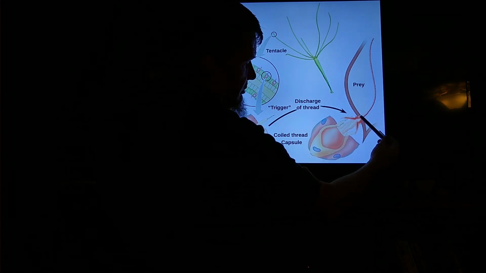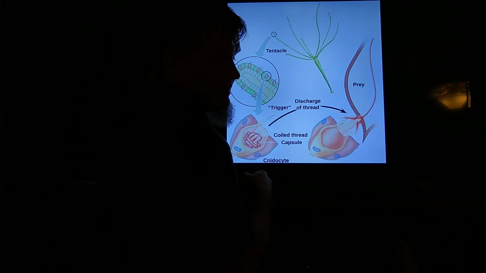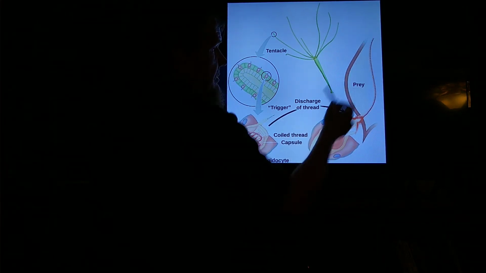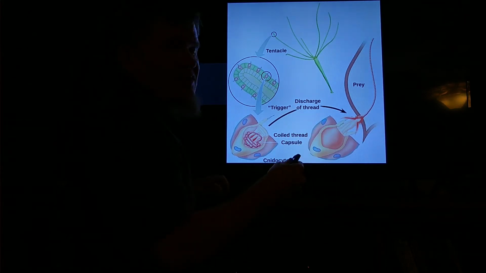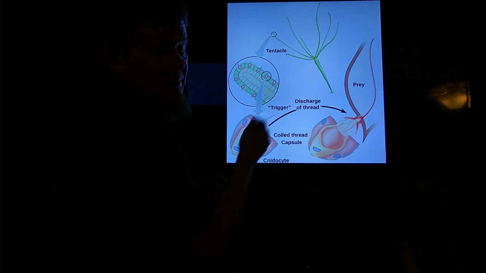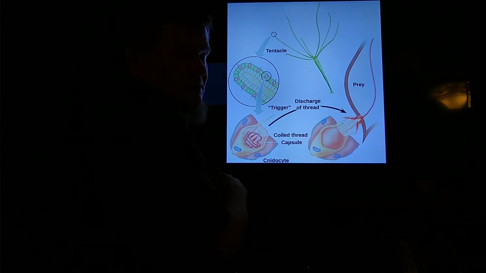It's got a little harpoon, and the harpoon sticks into the body of the prey. This thread that goes out is for delivering venom into the prey. Remember, this little bitty Hydra is microscopic, so it's not trying to get you. The venom isn't going to kill you, but it will sting. It kills whatever prey item it grabbed.